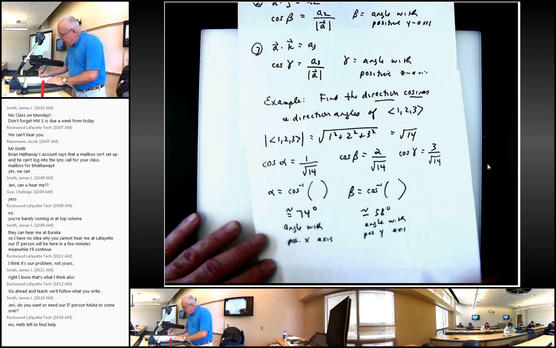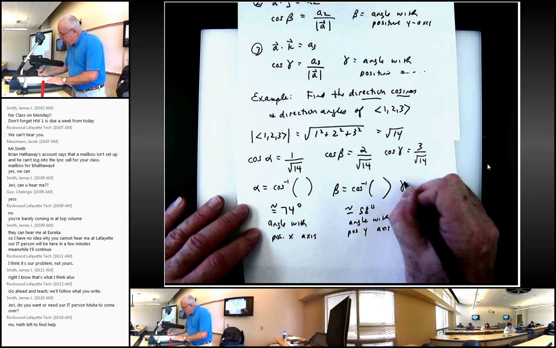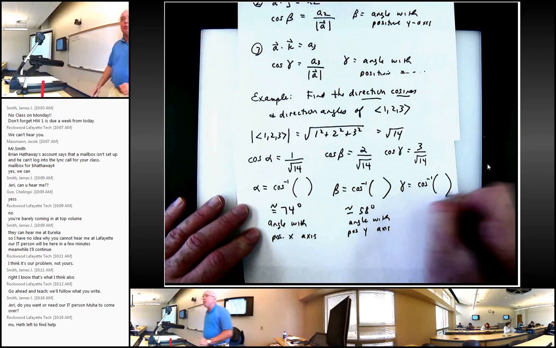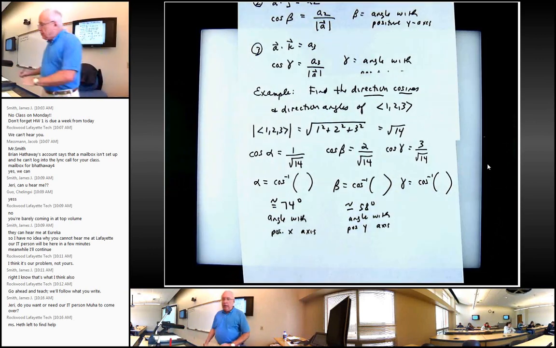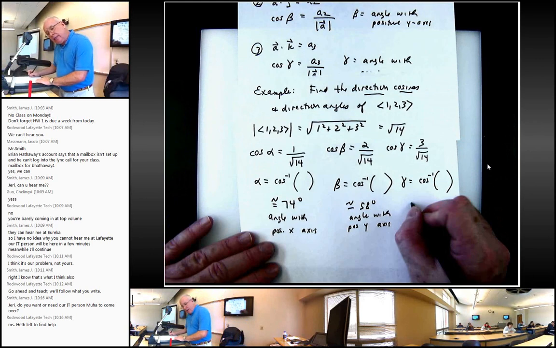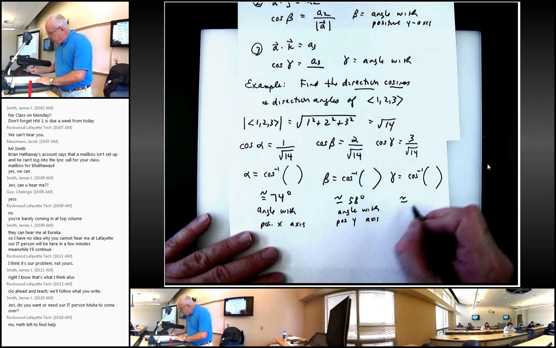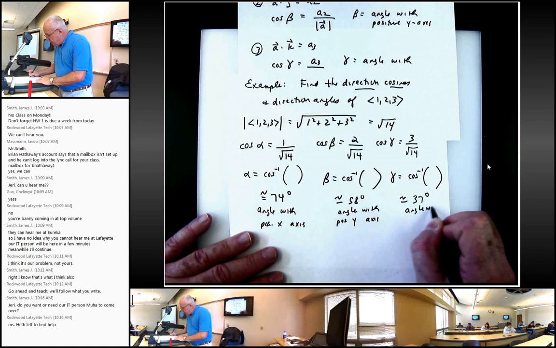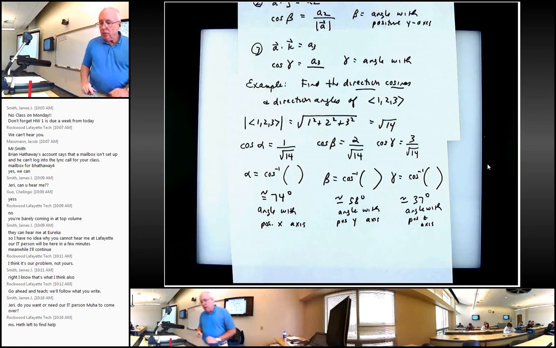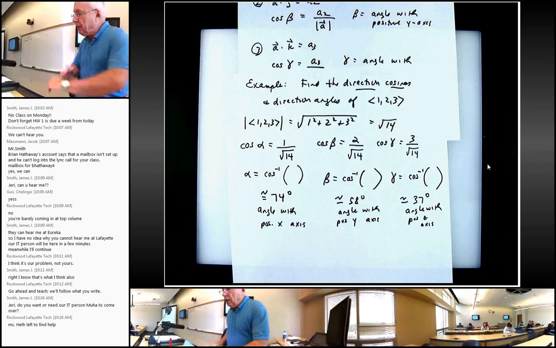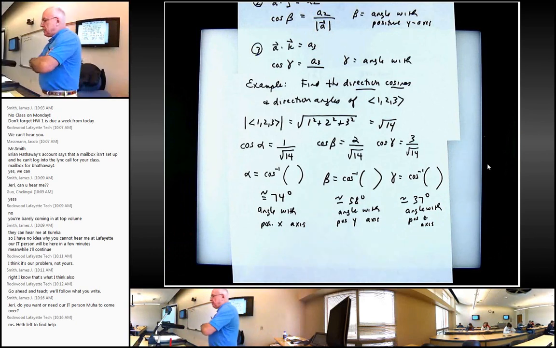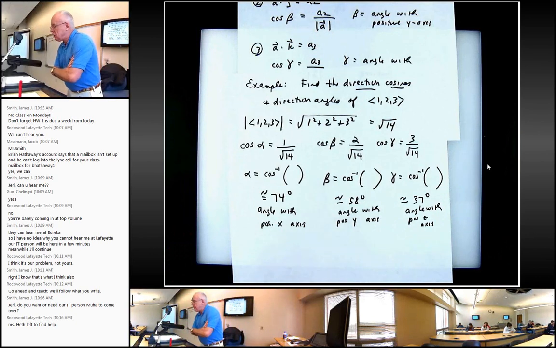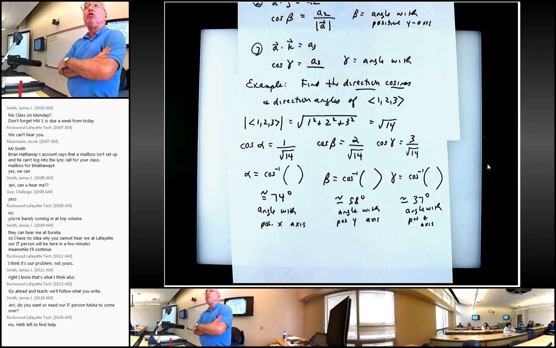And finally, gamma is the cosine inverse of 3 over the square root of 14, approximately 37 degrees, the angle with the positive z-axis. Okay, so we have those nifty little formulas that I encourage you to know how to find.